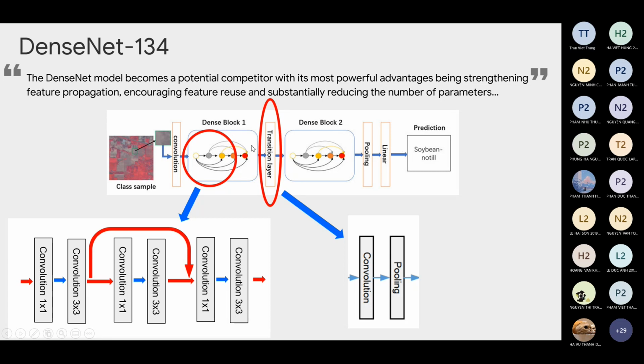Those blocks play the role of concatenating the layers, the channels, which makes the information flow dense, and then it is transported to the transition layer and to the next blocks, and continues to the last pooling layer, and then the linear layer does the classification.